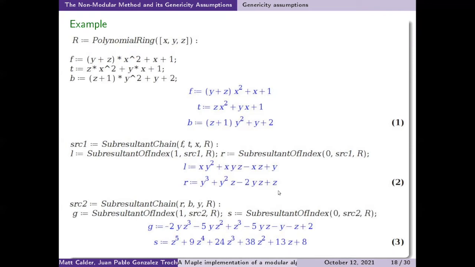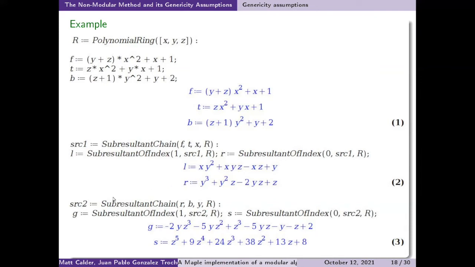Now, an example to illustrate what I just previously said. If we have the polynomial ring with variables x greater than y and y greater than z, and the polynomials f, t, and b, and we compute the subresultant chain between f and t with respect to x, and we set L as the subresultant of index 1 and R as the subresultant of index 0, we can see here that in this case, R is non-constant and has main variable y.